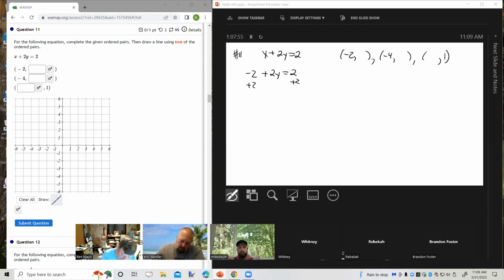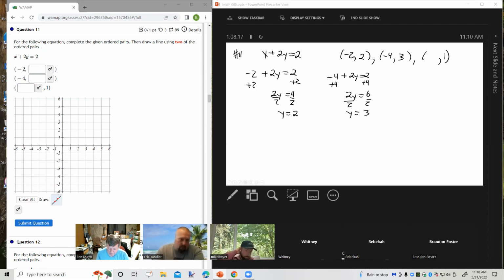Add 2 to both sides. 2y equals 4. Divide by 2, y equals 2. If x is -4, -4 plus 2y equals 2. Add 4 to both sides. 2y equals 6. Divide by 2, y equals 3.